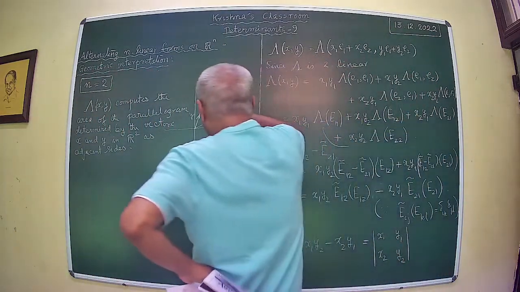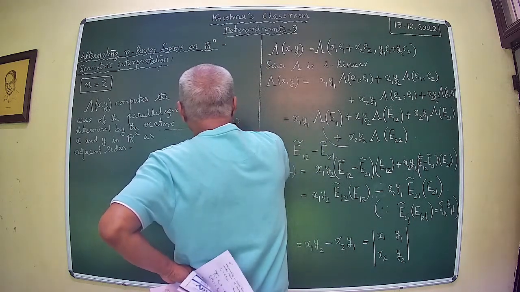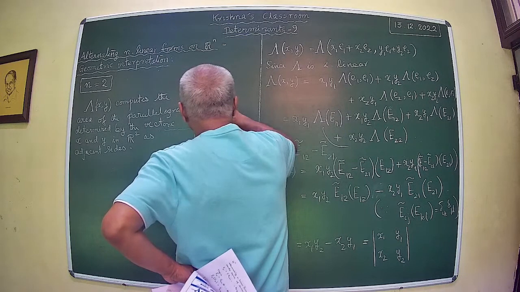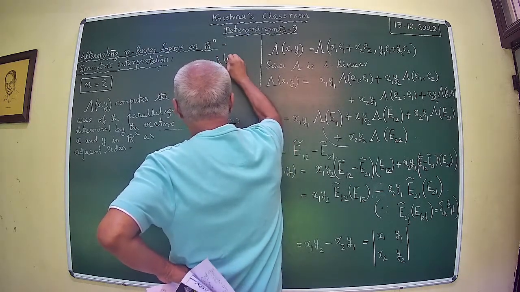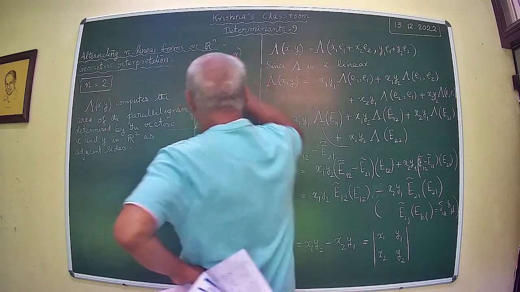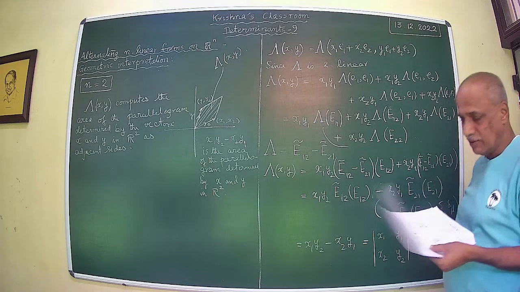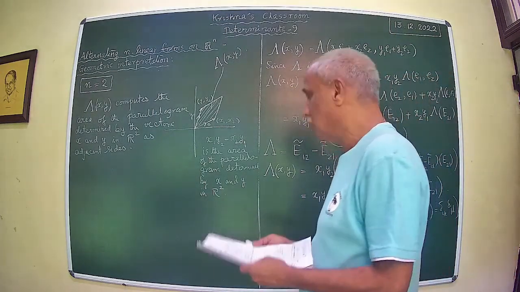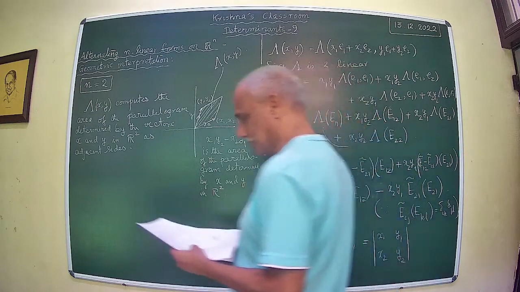So I can write this as this. So this area is essentially lambda of... okay. Now let me also have a different look at this whole thing.